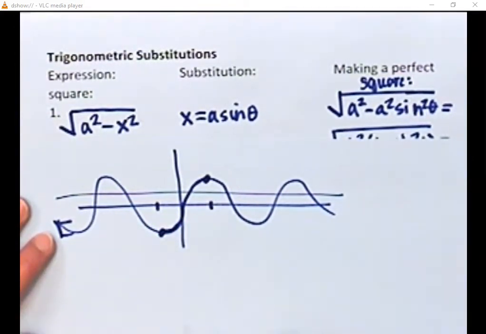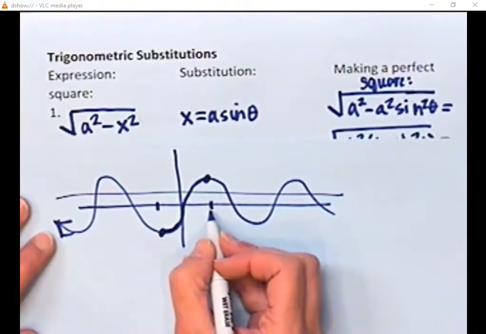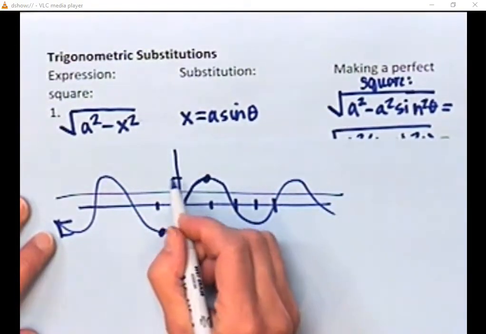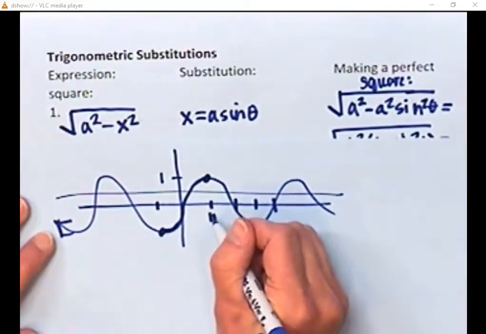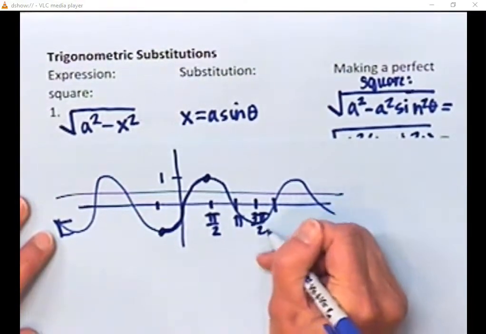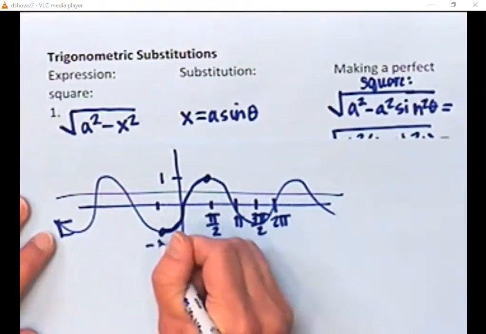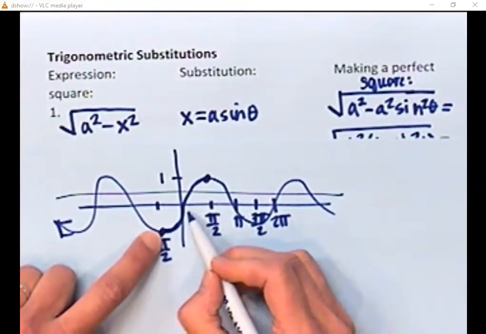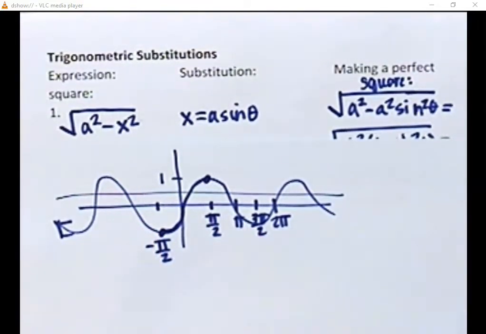So does anyone know on the sine function where that goes between? The bottom to the top. Do you know where the top of this hill is at? What pi value? This is 1. I think it's pi over 2. Yep. So remember, this is pi over 2, this is pi, 3 pi over 2, and so on. It finishes by 2 pi. So it actually goes from negative pi over 2 to pi over 2. If I restrict it to those values, it will be a one-to-one function.